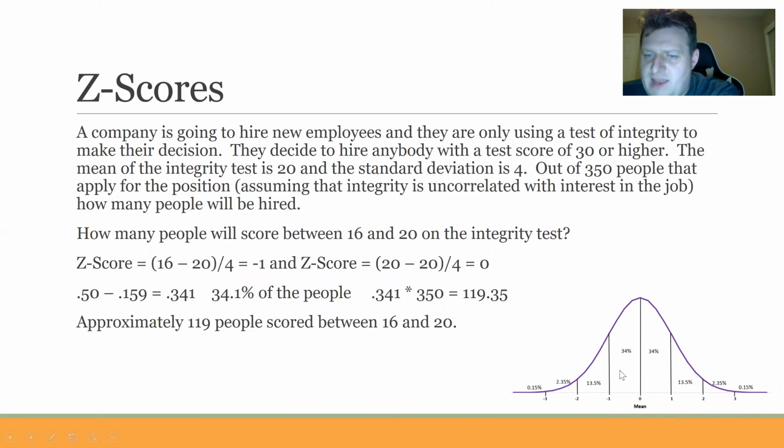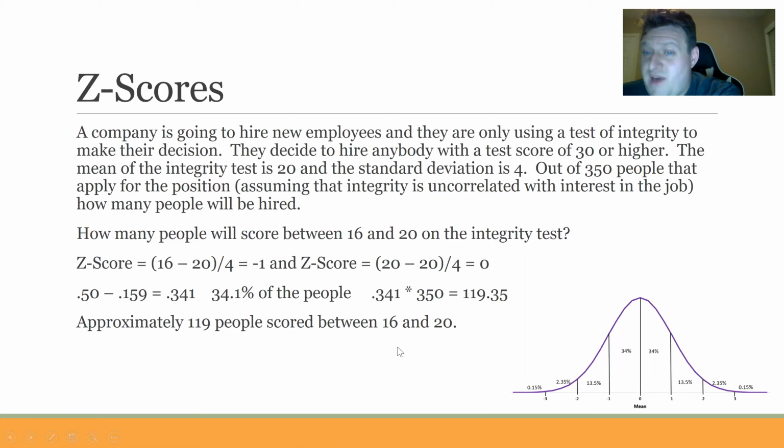I'm subtracting one from the other, which leaves me with just this part right here, the proportion of people that scored between a 16 and a 20. When I do this math, I get 0.341. That's the proportion, and as a percentage, this is 34.1% of people.